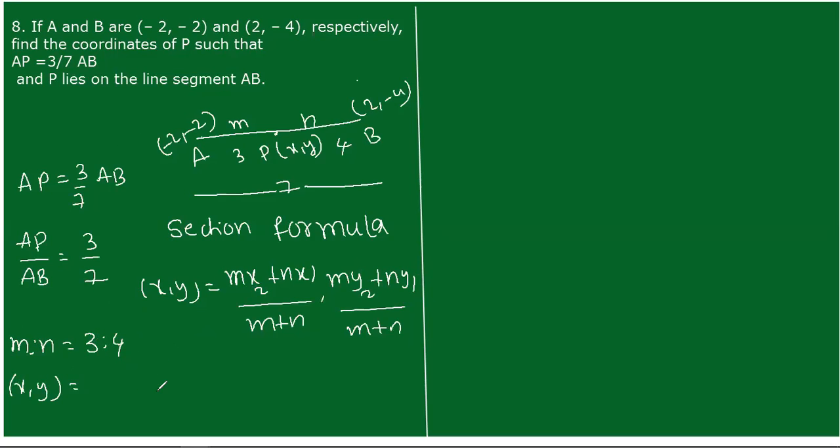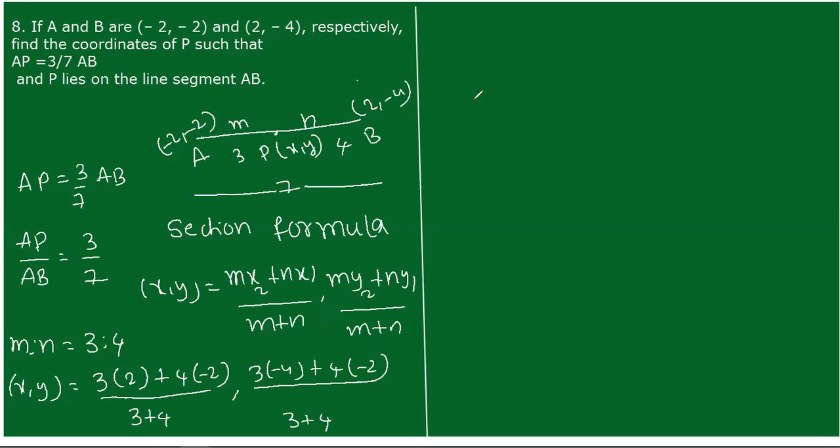Now, Mx2 means M value is 3. What is x2? x2 is obviously 2. And Nx1, N value is 4, and x1 is minus 2. M plus N means 3 plus 4. And next, y2 is minus 4, N is 4 and y1 is minus 2, just by 3 plus 4.